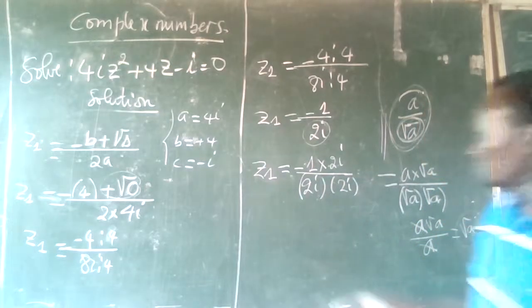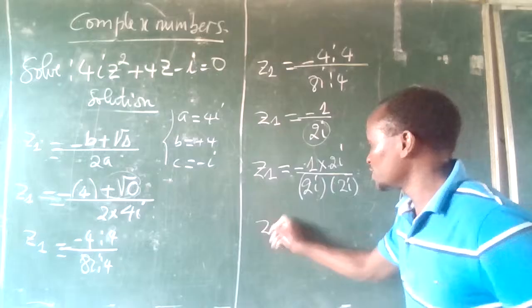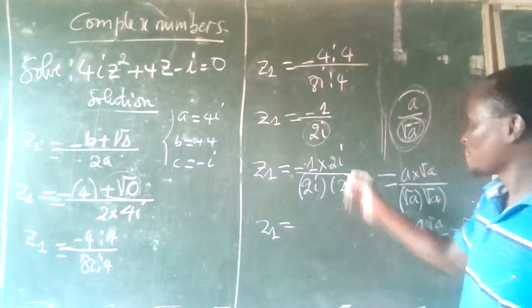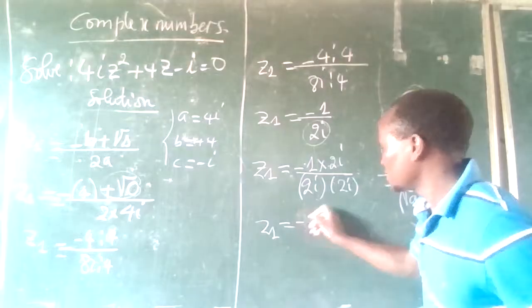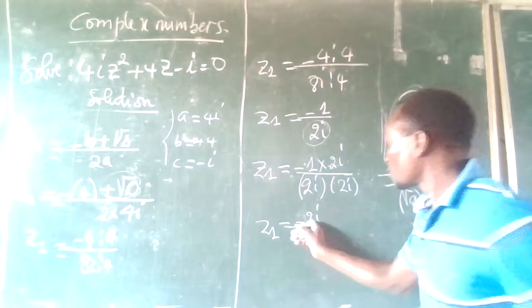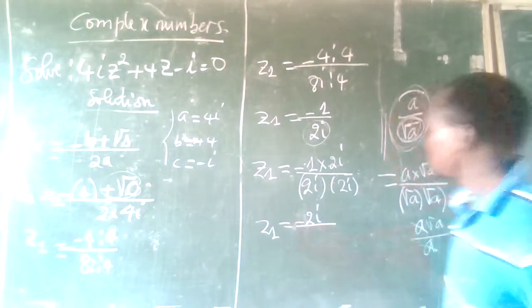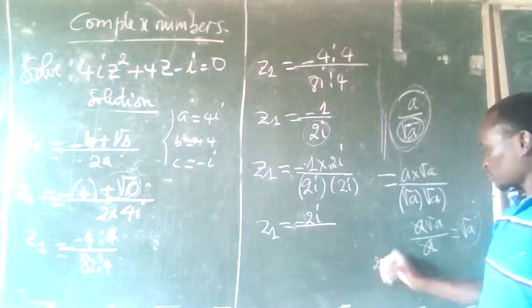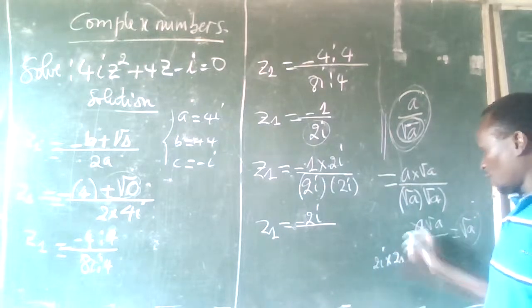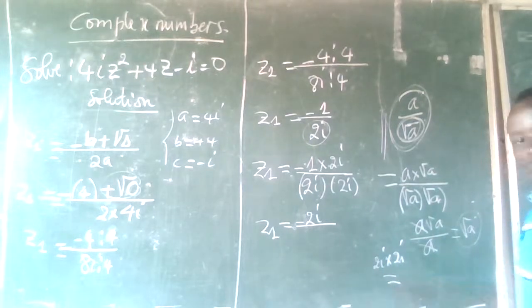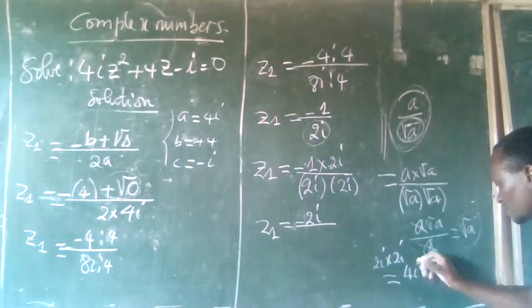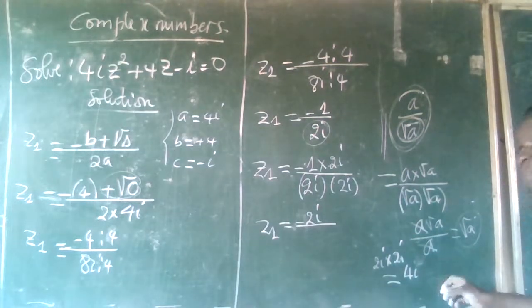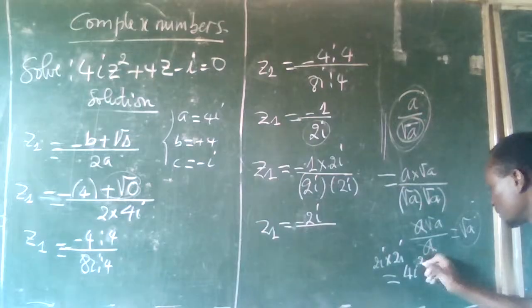Then finally, we have Z1, which is equal to minus 2i over this 2i times this 2i, it will be equal to 4i squared.